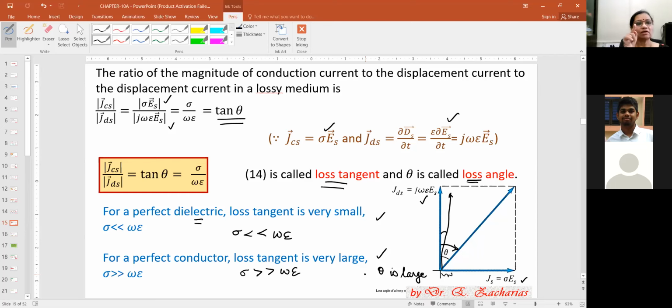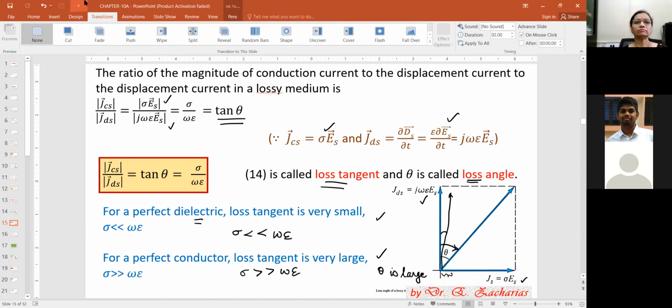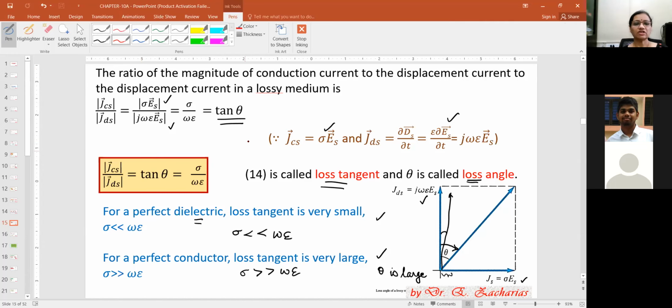But we are looking at lossy dielectrics. Lossy dielectrics, therefore, will be somewhere between the two. So tan theta will not be small, it will not be large, it will be between the two. In other words, for a lossy dielectric, sigma by omega epsilon is not negligible.